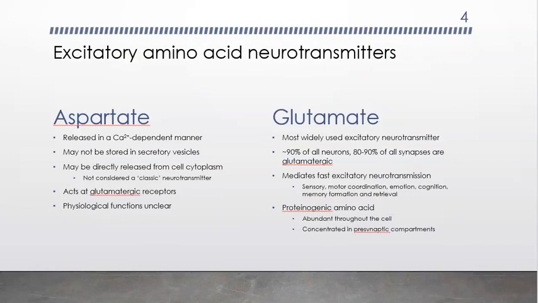Now, if we're looking at just the excitatory amino acid neurotransmitters, which we'll focus on for the rest of this class and the next one, the two most common ones are aspartate and glutamate. Aspartate is the second most popular one. It's released in a calcium-dependent manner.